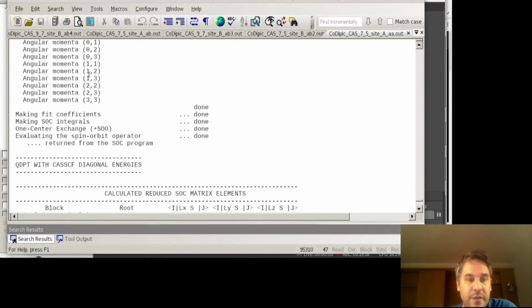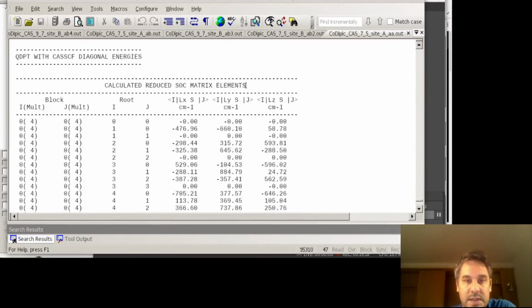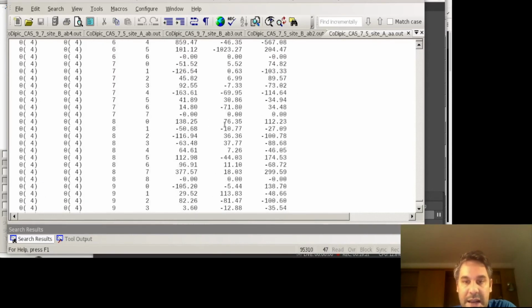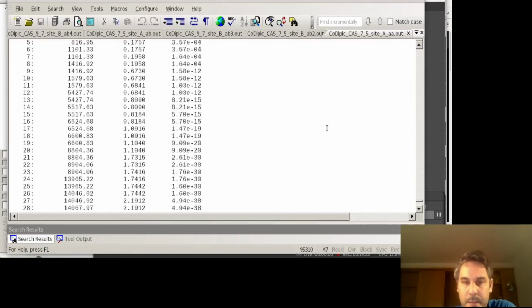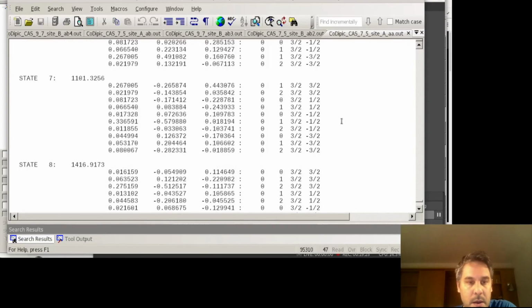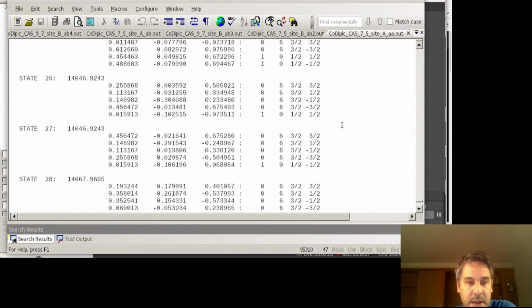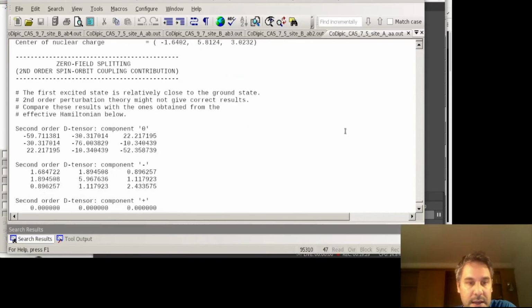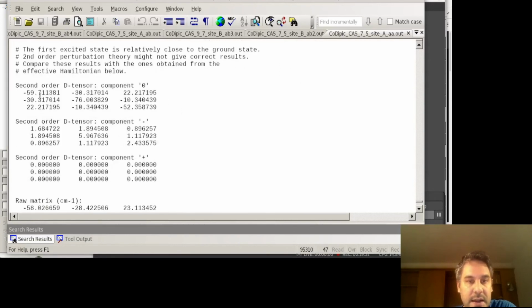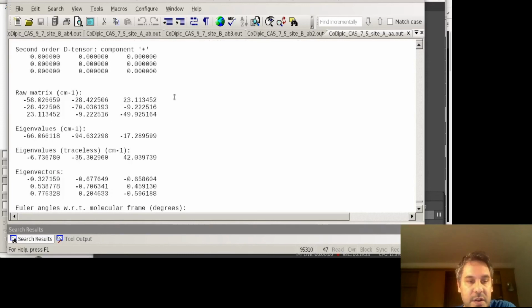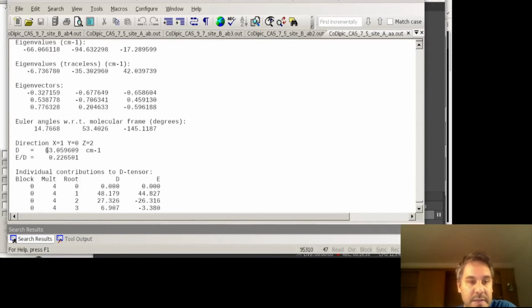So there's more information related to angular momentum. These are spin-orbit coupling matrix elements. And the interesting part, at least for me, is that I can calculate from this the D tensor that comes from the zero field splitting, which gives me a value for D of 63 wavenumbers, and E over D, the rhombicity parameter, of 0.22.